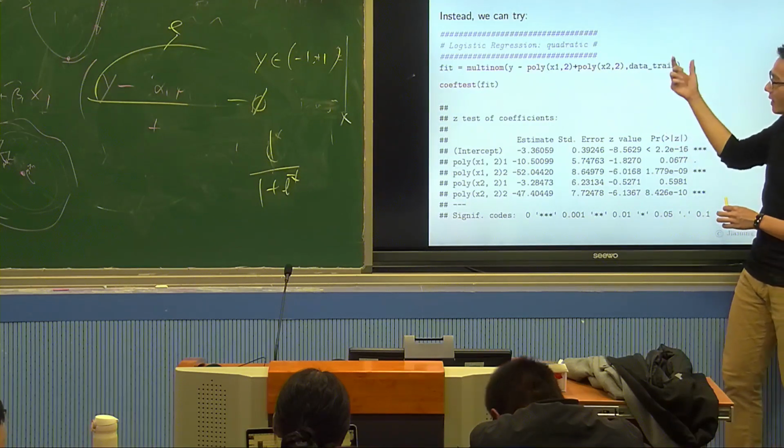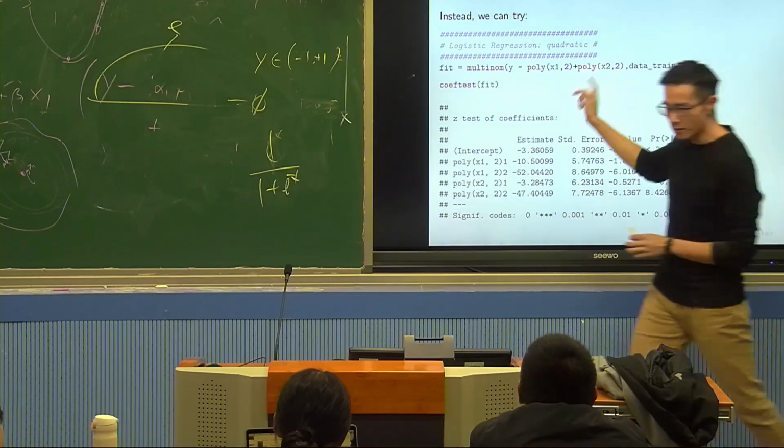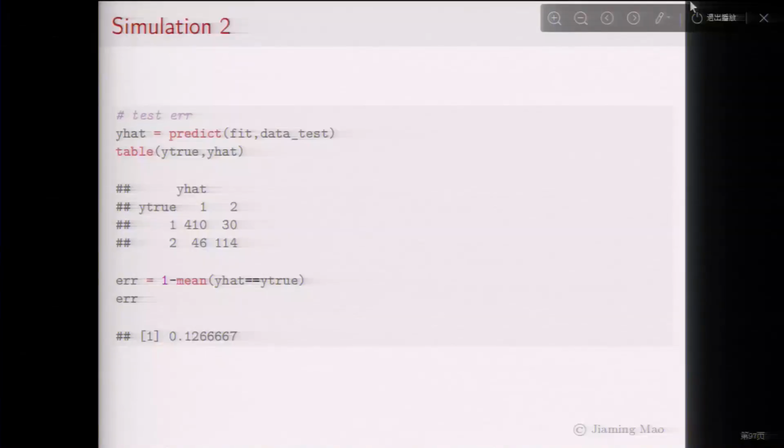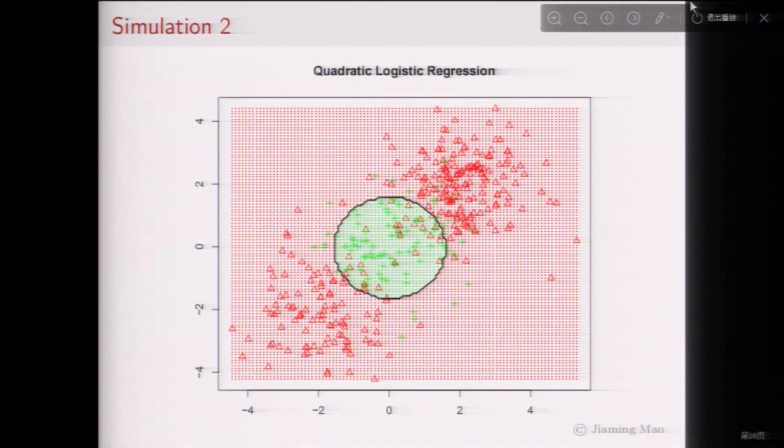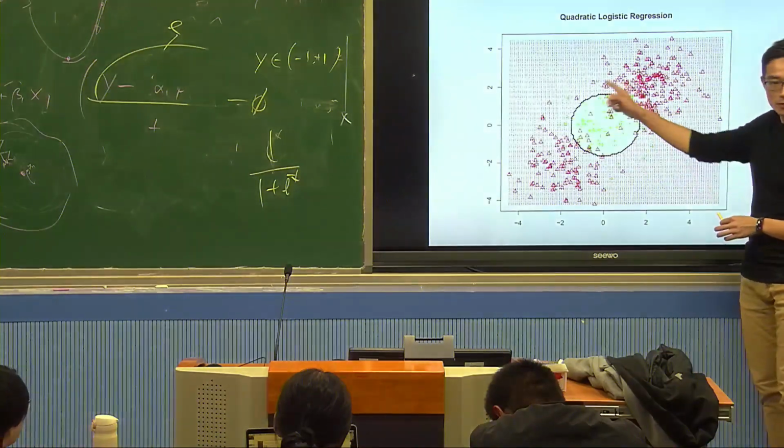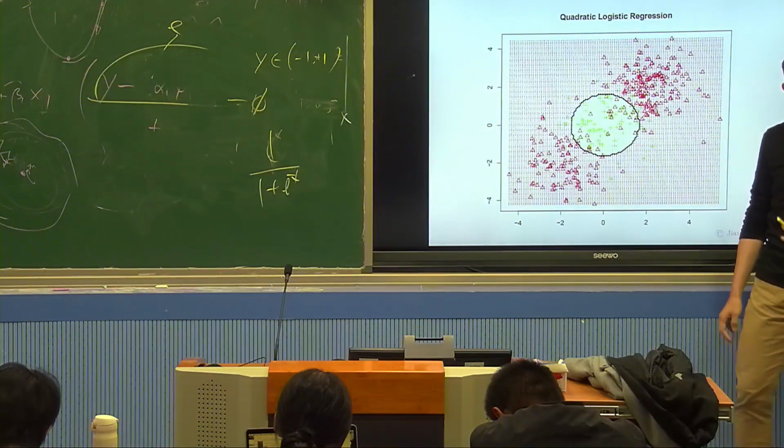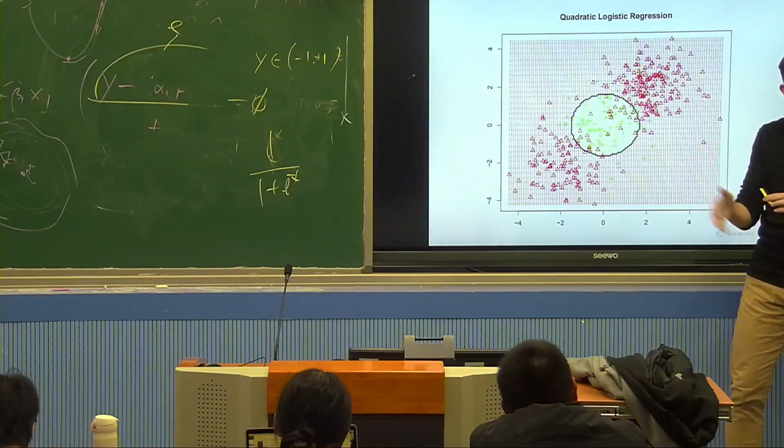In this case, it's a nonlinear, quadratic logistic regression, and we can generate a boundary like this. So even logistic regression is not always linear. You add some nonlinear terms, then it's a nonlinear boundary.